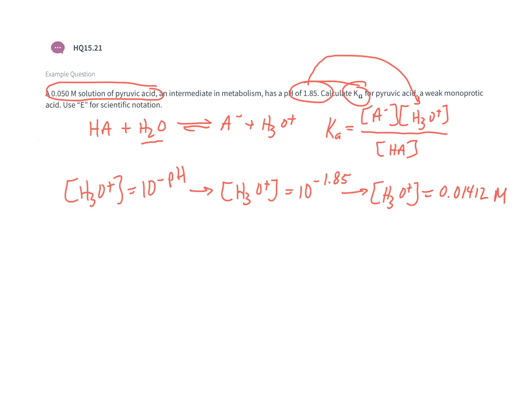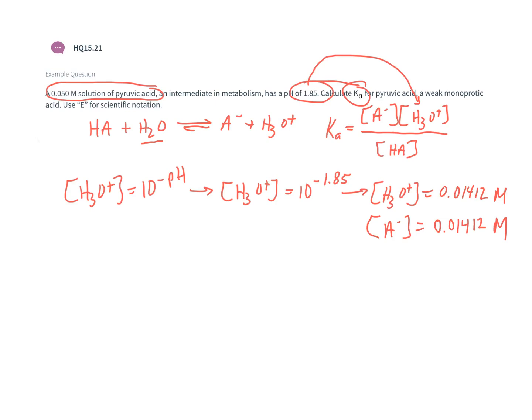So now I know my hydronium concentration. I also know the concentration of the conjugate base because looking at the balanced equation, for every one molecule of hydronium formed, I'm going to form an equal amount of the conjugate base. So I know both of those concentrations. And this one's a little bit different than the one we did in class because the concentration of the hydronium is relatively large compared to the concentration of pyruvic acid.